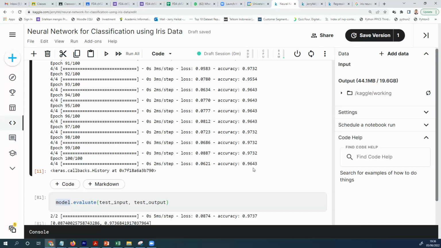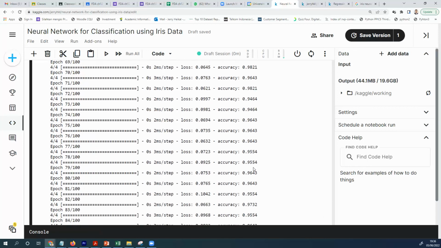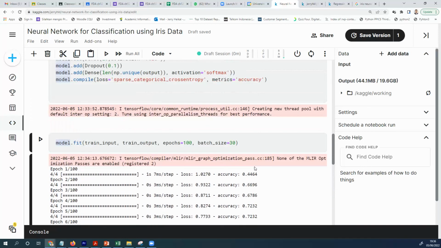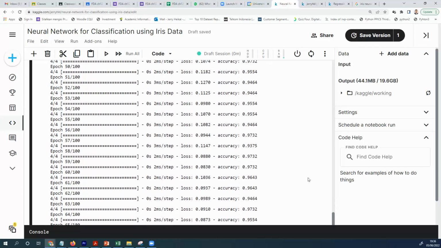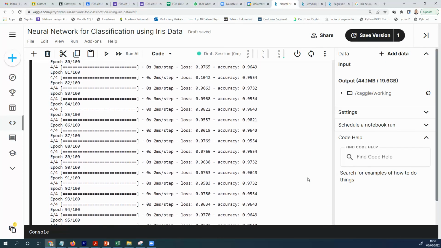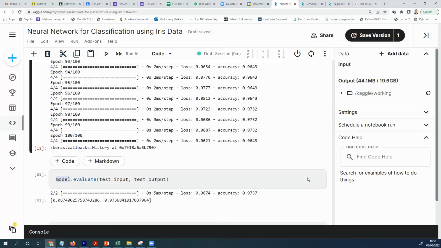You can increase to 200 if you still want to get closer to 100% accuracy, but you need to change the epochs. So this is how the neural network works. Any questions on the neural network?